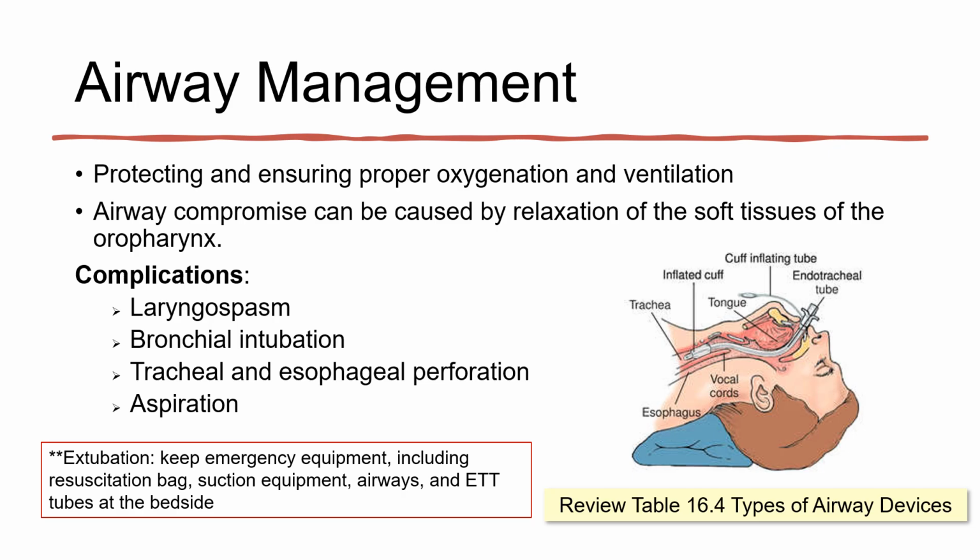We're always going to keep that aspiration complication in our pocket because it follows us throughout nursing school. So we want to make sure that we always have emergency equipment, including an ambu bag, suction equipment, extra airways, and ET tubes at the bedside. This is during the surgery and also post-operatively during recovery.